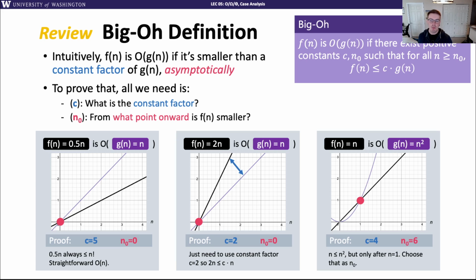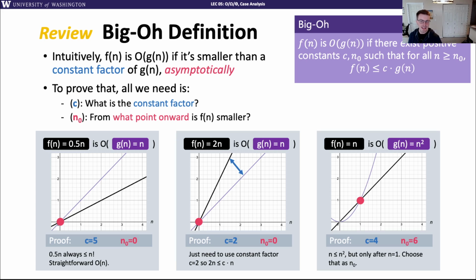When you look at this picture with our intuition, you're like, oh, drop constants and lower order terms, it's definitely a big O of n. But the proof of this involves showing that these two constants, c and n0, exist. Since 0.5n is always less than or equal to n, for positive n, we're always just going to be considering positive n. It's a pretty straightforward proof.